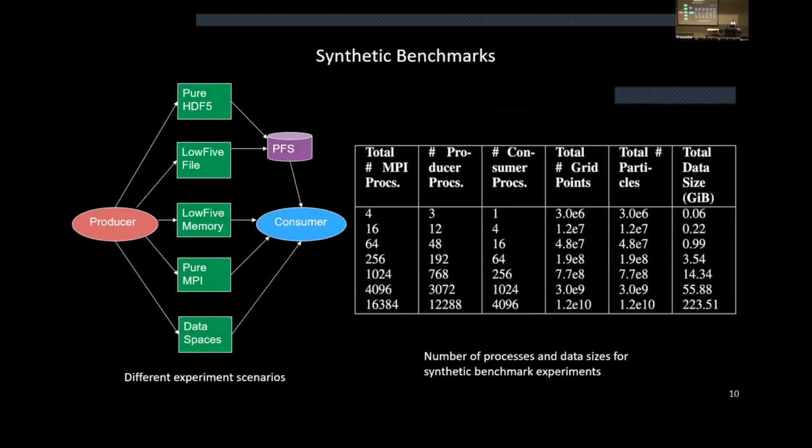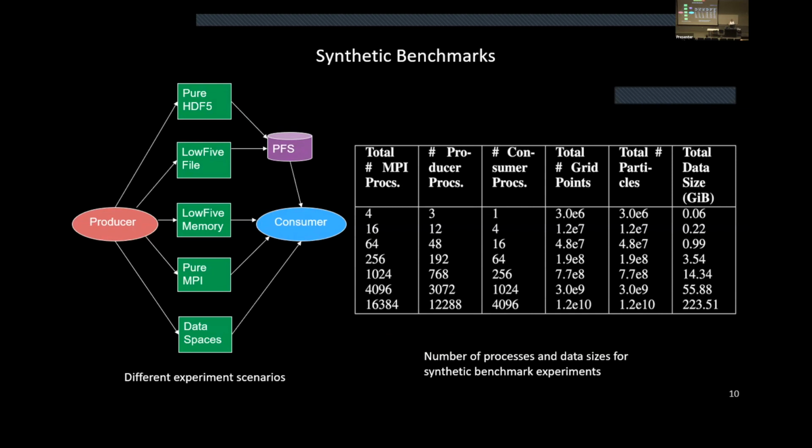And now I'll go into some synthetic and real evaluation results of how this works in practice. So for synthetic benchmarks, we set up a number of different scenarios. We do one producer and one consumer in a workflow of some total number of MPI ranks on the left side of the table, divided by a ratio of 3 to 1 in producer ranks to consumer ranks.